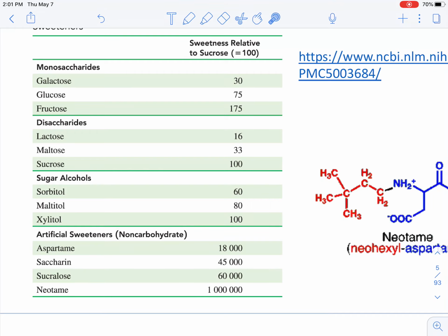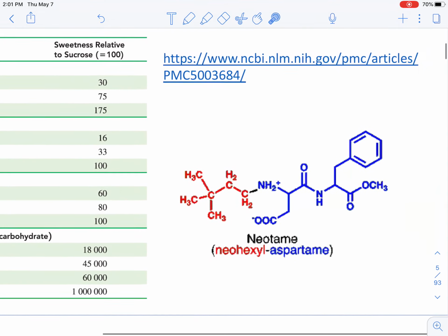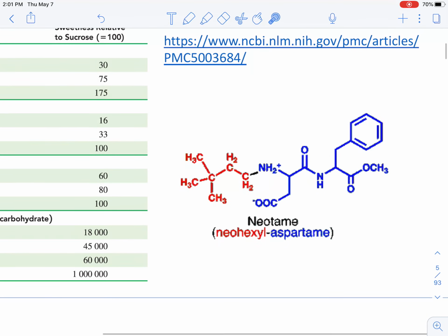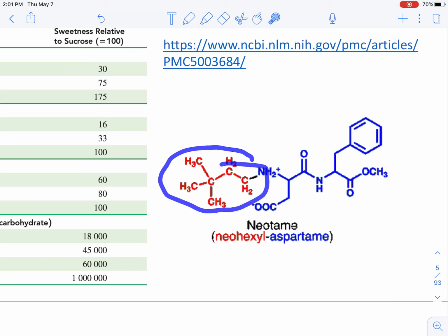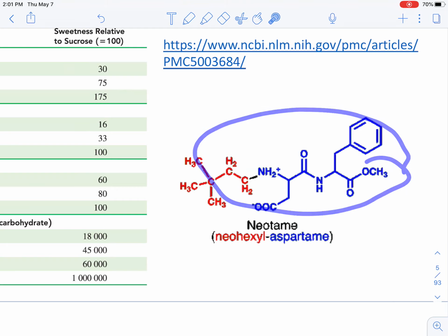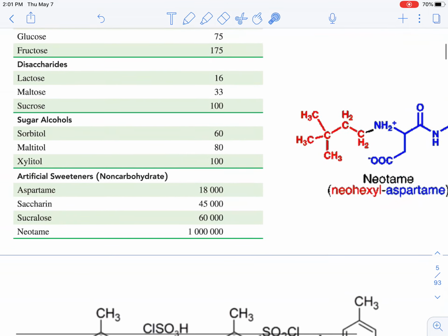And so looking at this artificial sweetener called neotame, everything in blue is actually an amino acid, aspartic acid. And the addition of this neohexyl group allows this structural compound to act as an artificial sweetener.